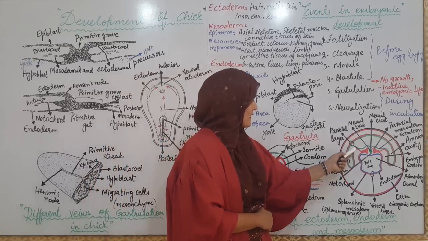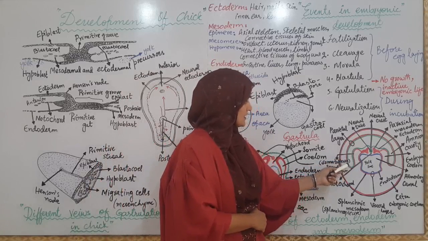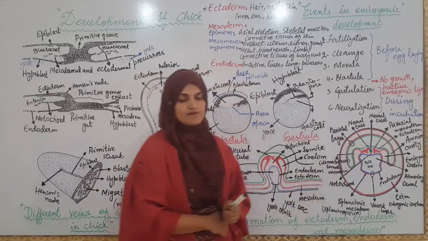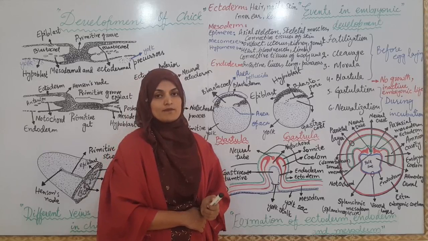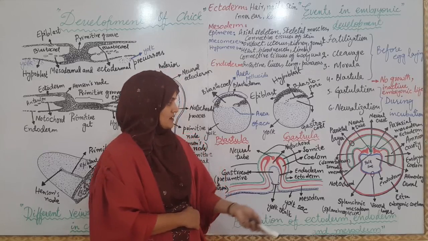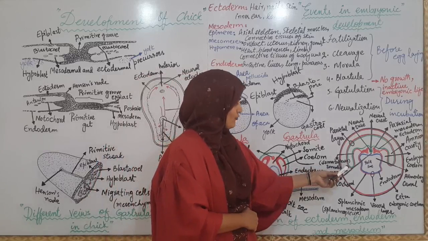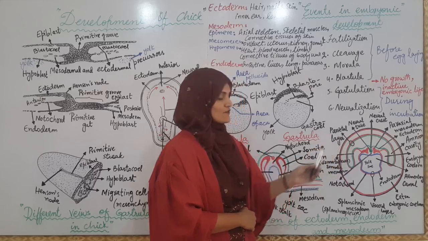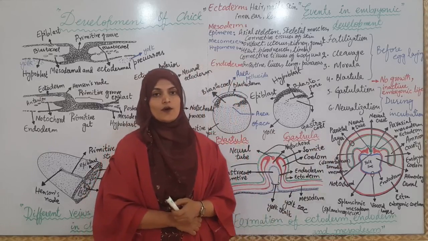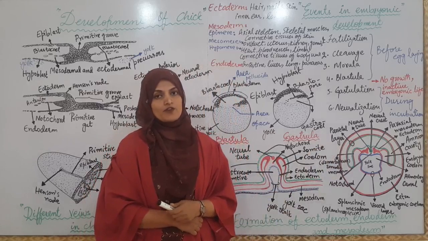While the somatic mesoderm is also termed as somatopleure. This somatopleure, when attached with the ectoderm, forms the parietal layer that later on forms the parietal body wall.